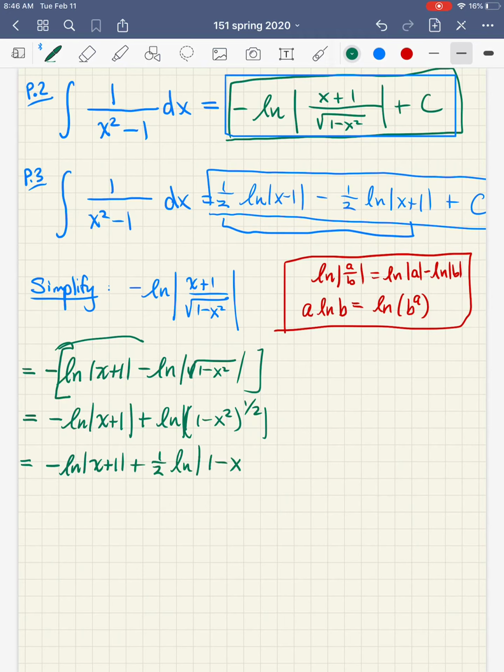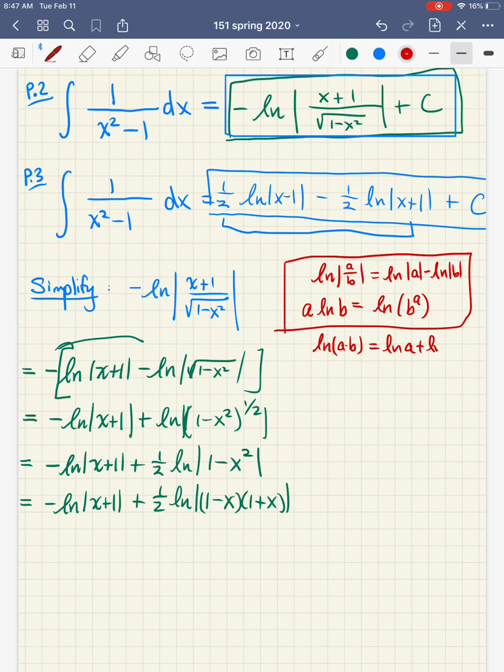So now I have 1 minus x squared. And then I'm going to do one last thing. I'm going to factor this expression. So I get log of 1 minus x times 1 plus x. And I'm going to use one last log property that I forgot to write in here, and that's the log of a times b is the log of a plus the log of b.